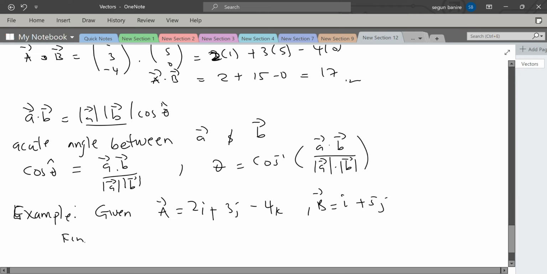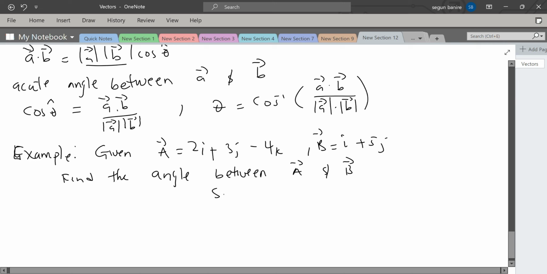So find the angle between A and B. Solution. So how do you find the angle? Remember, theta is equal to shift cos of A dot B over the magnitudes.